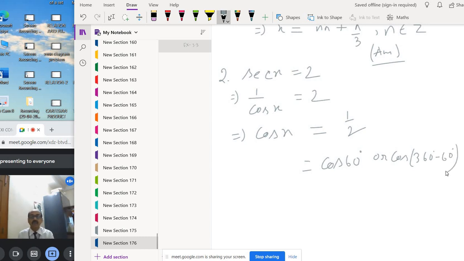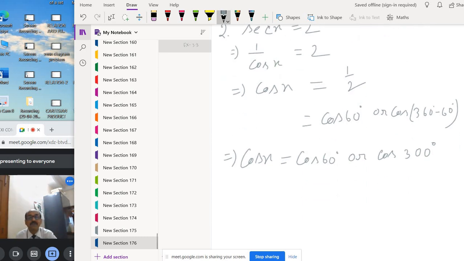Okay. So the question is sec x equal to 2. So sec x 2 means we can write cos x equal to half. Half means cos 60 or cos 360 minus 60. So cos x equal to cos 60 degree, or cos 300 degree.